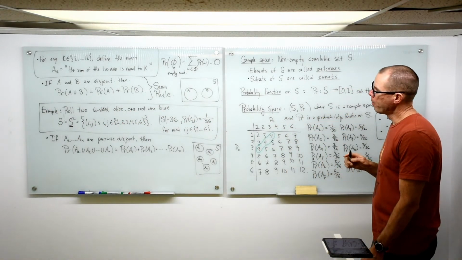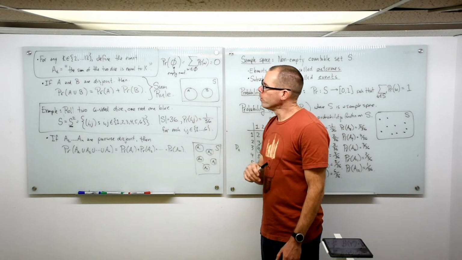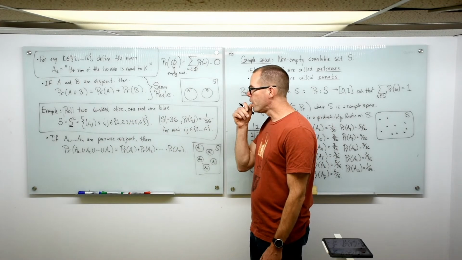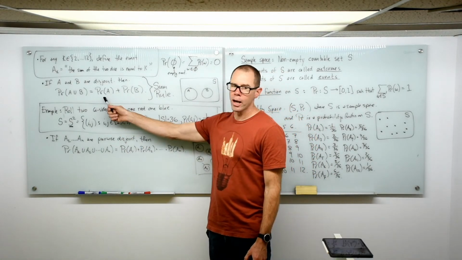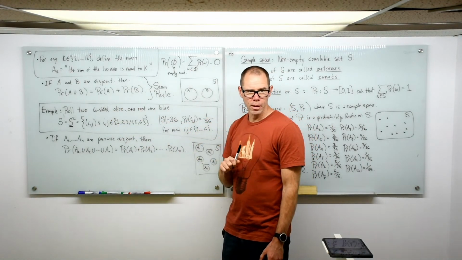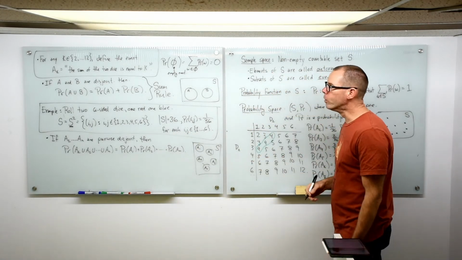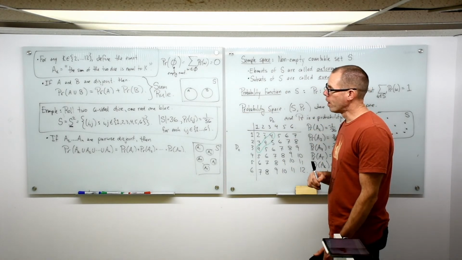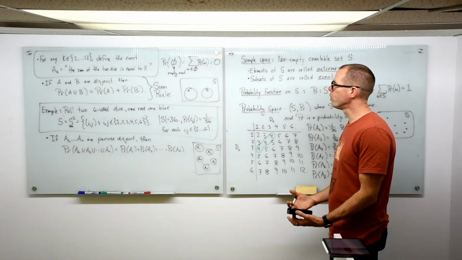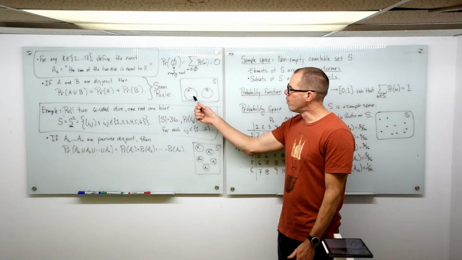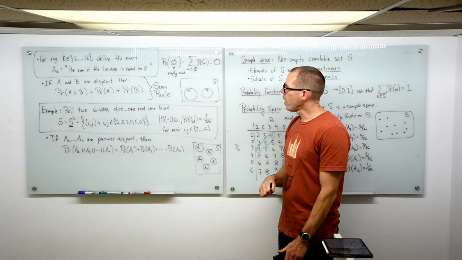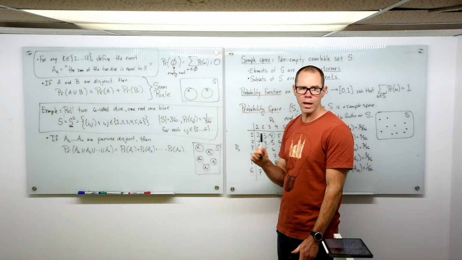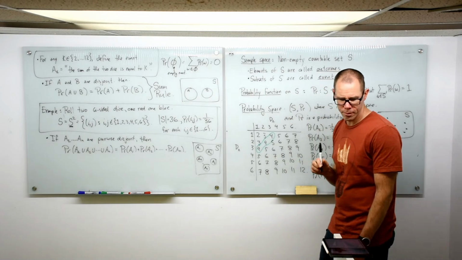So, when we wanted to know the size of A union B, we said if A and B are disjoint, then the size of A union B is the size of A plus the size of B. And a similar rule with exactly the same justification applies for probabilities of the union of disjoint things. If I sum up over all the things in A and then sum up over all the things in B, I'll count everything in A union B and I won't count anything twice.